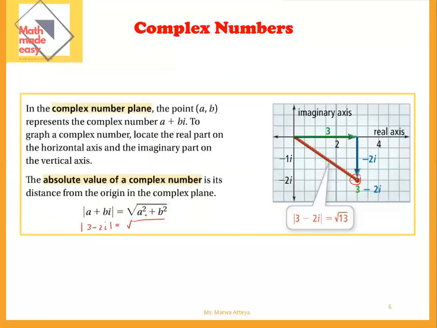But how do we find that? You're going to do the 3 squared plus the negative 2 squared. Remember, it's a distance. So you are taking the distance between the point and the origin, so we don't need to include the i. So this here is equal to the square root of 9 plus 4, which is radical 13.